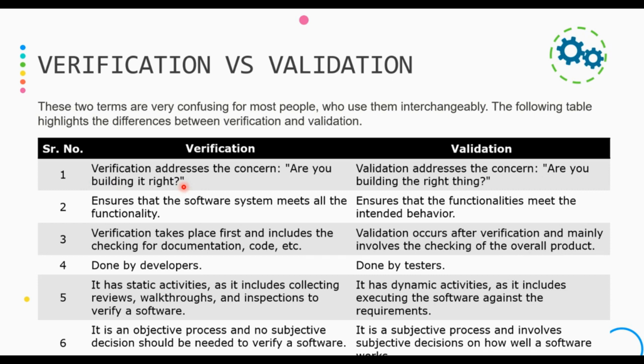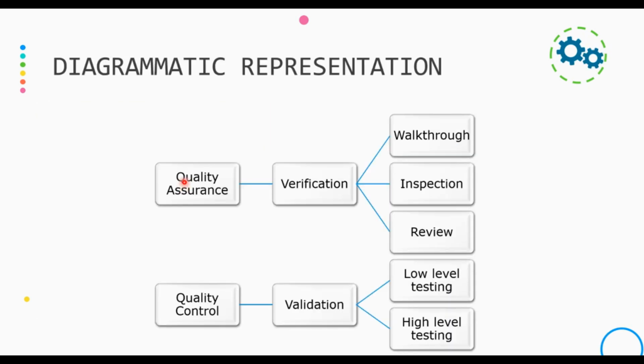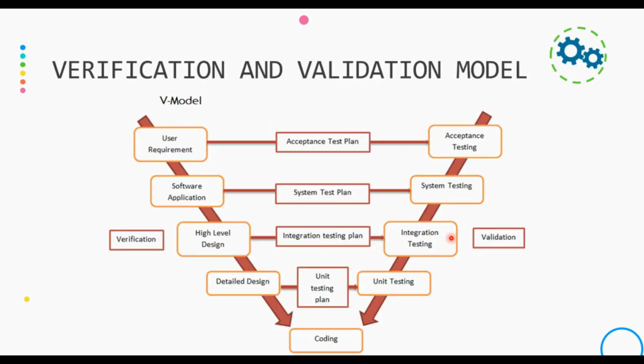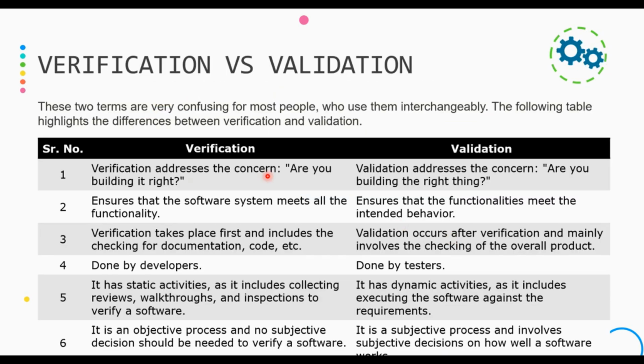They get this answer in these three things. When the team checks the documentation and does inspection or review, at that time they get to know the answer to this question, whether we are building the right product or not.